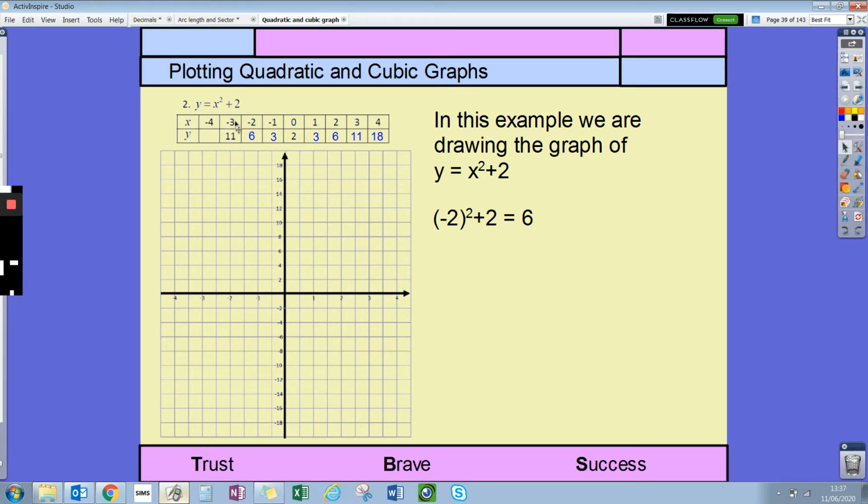It's done the negative 3 value of x, so now we're going to use x is negative 4. So negative 4 squared plus 2. 4 times 4 is 16. Negative times a negative is a positive. So 16 plus 2 is 18. We've now completed the table of values.